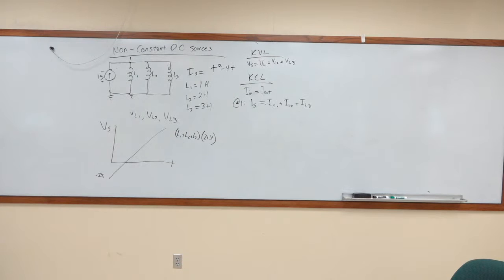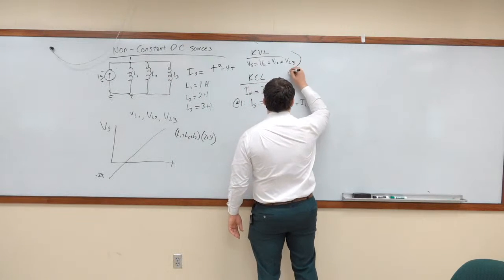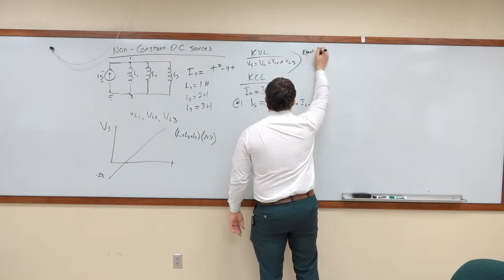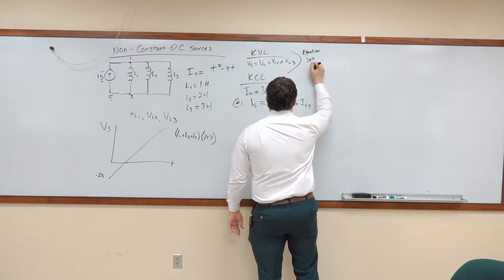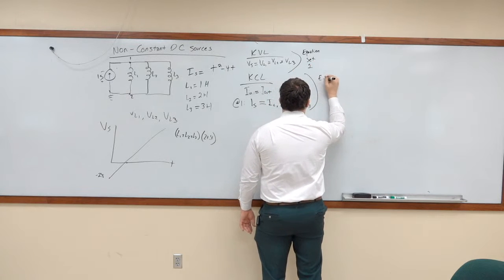The only other equations that we have are the individual relationships between voltage and current. Okay? So this KVL is equation set 1. KCL is equation set 2.